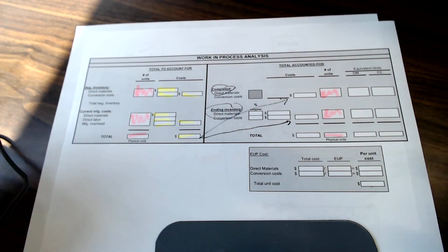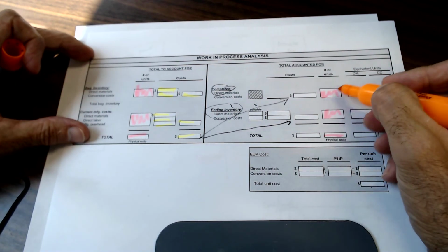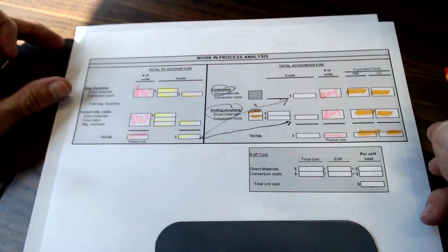So step one, get the handle on the physical units. Step two, using this, we're going to calculate equivalent units of production using the percentage complete.